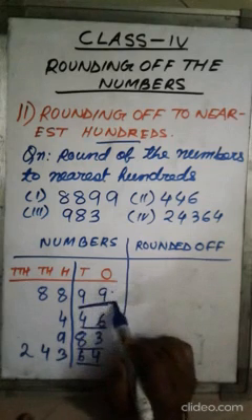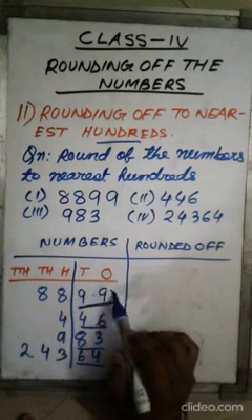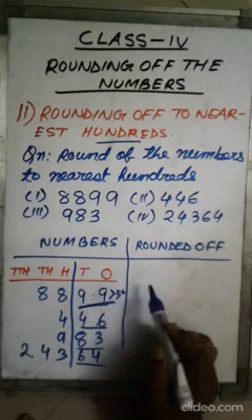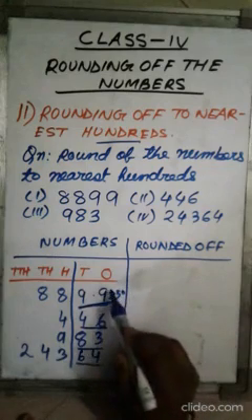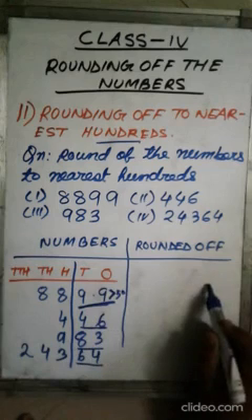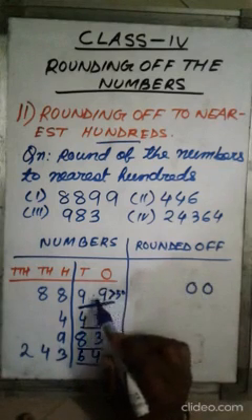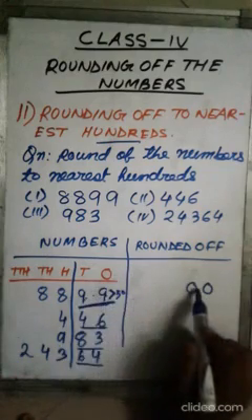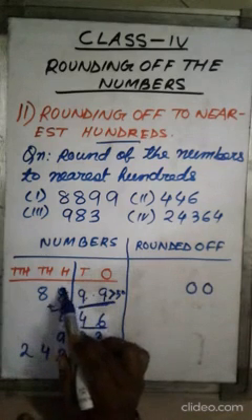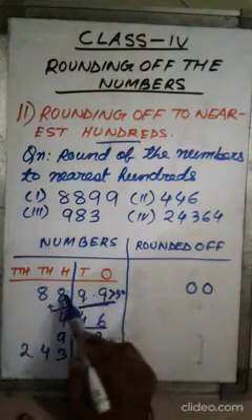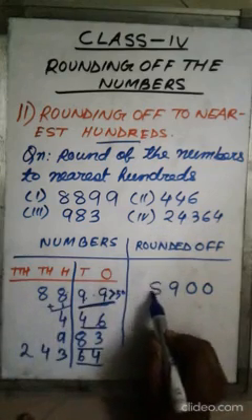Here I can see that 99 is greater than 50, so rounding off will be 00 for these two digits. 1 will be added to the digit of hundreds place, that is 8 plus 1 is 9, and the thousands place will be 8.